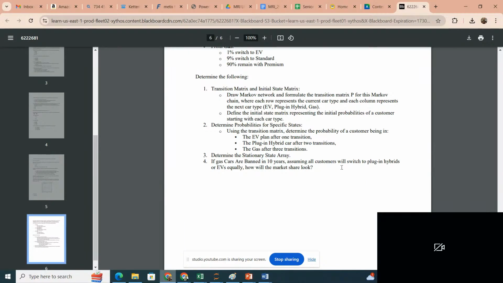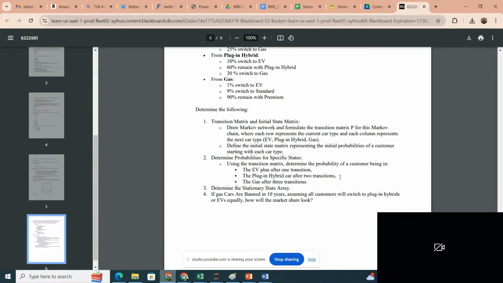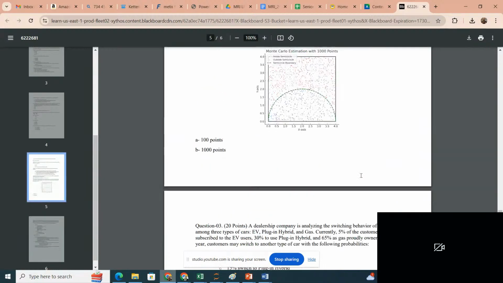So what will the market share look like? Okay, so you're gonna expect how this is gonna look in the US after 10 years from now, especially since some states already have legislation to forbid gas cars.